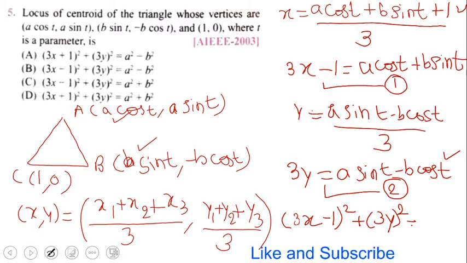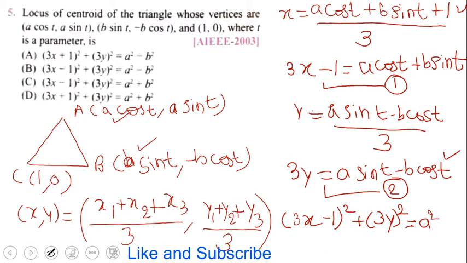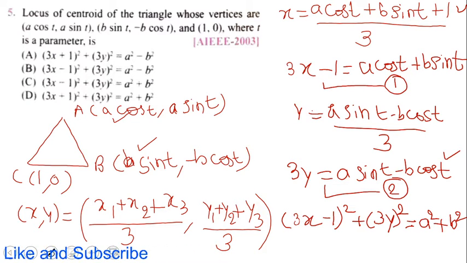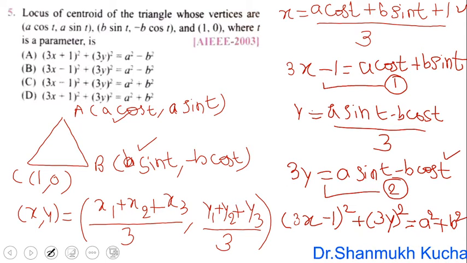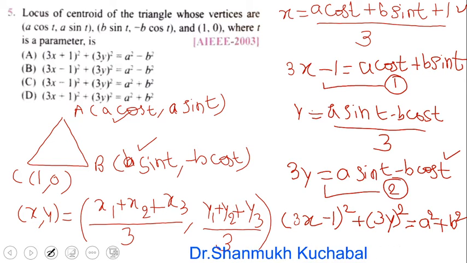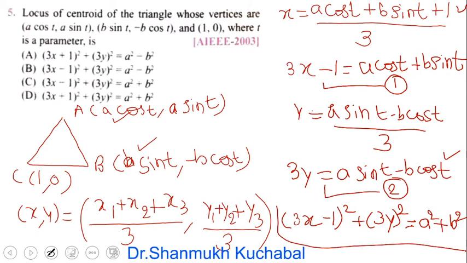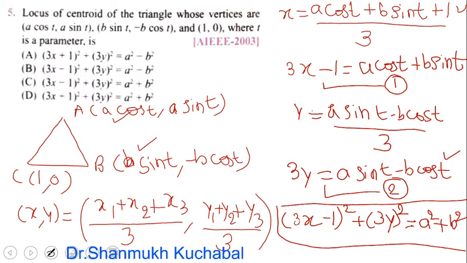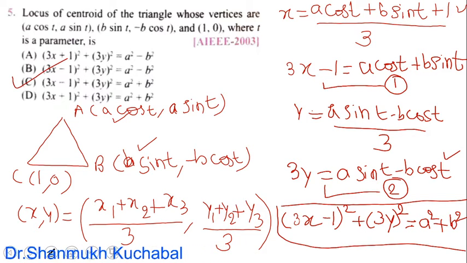So simplifying, we are going to get a square plus b square, because we come across a square sin square t plus a square cos square t. A square we take common, sin square t plus cos square t we get as 1 using a trigonometric identity. Therefore we get this as the solution. So clearly option C is the right answer. Option C is the right answer.